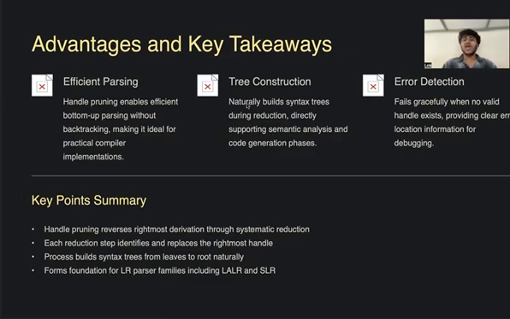The first one is that handle pruning reverses rightmost derivation. It reduces step by step. It builds syntax trees from bottom to top. And it uses LR parsers like SLR and LALR. So handle pruning is a very important technique in compiler design.